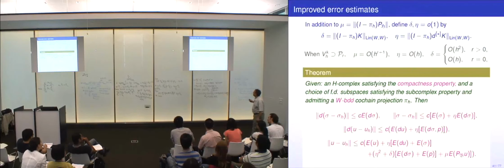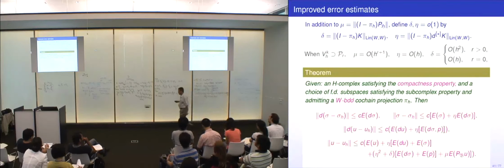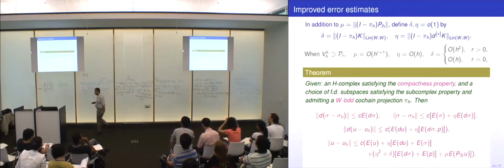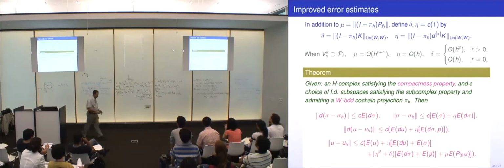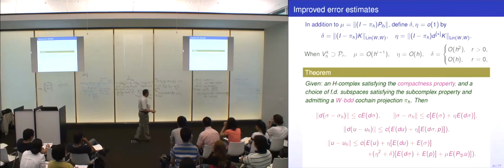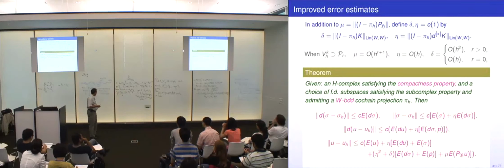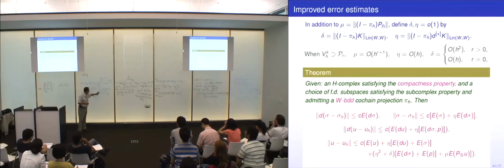And this is what you get. So I'll take time trying to understand what it says, but I won't go into the proof. So the proof involves the usual Hodge decompositions and Poincare inequalities and the kind of duality arguments that are used in Falk and Osborn and Douglas and Roberts to prove these kind of things.